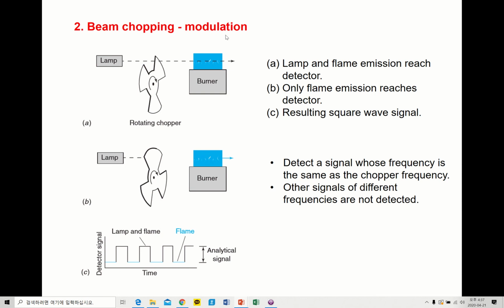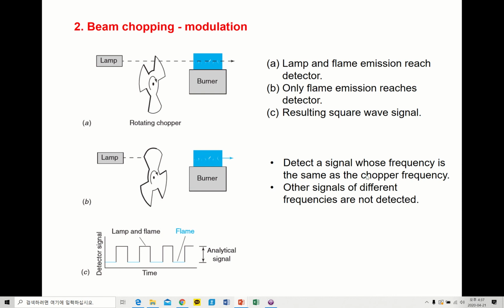You understand? This noise contains any frequency, but the signal only contains the frequency that is the same as this rotating chopper frequency. And there is a technique to select only the same-frequency signal.